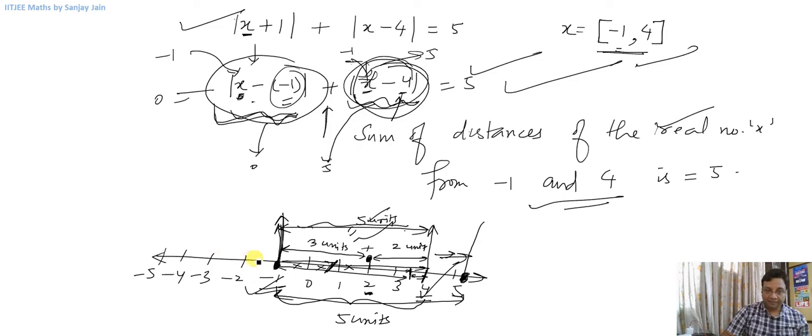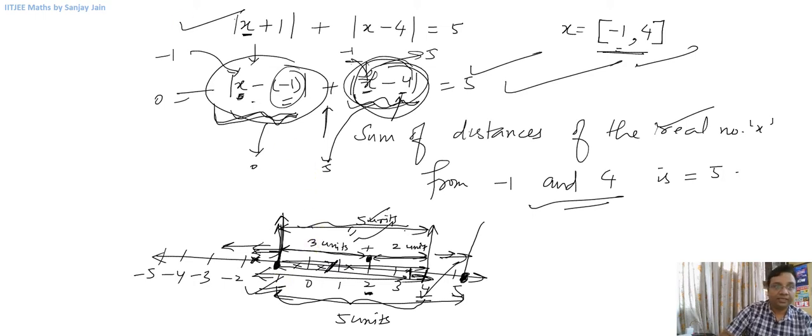Similar is the explanation for any number before -1, because this number will be at a distance of more than 5 units from 4, and the sum will be even higher, because this distance plus this distance will be even higher than 5.